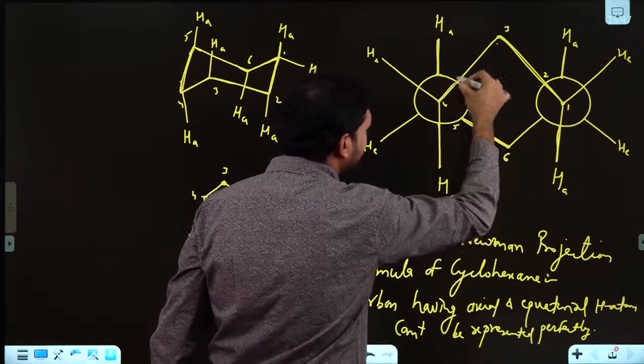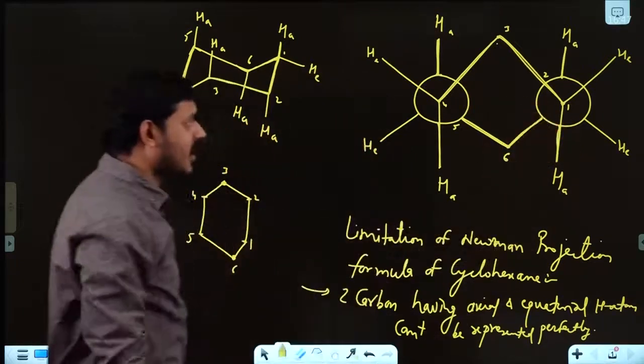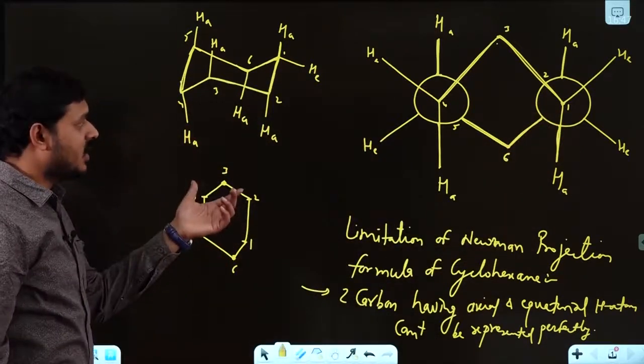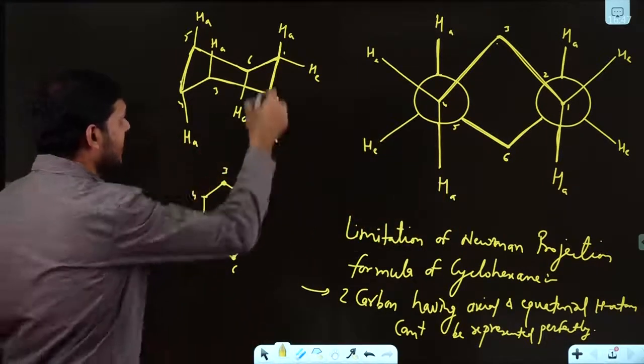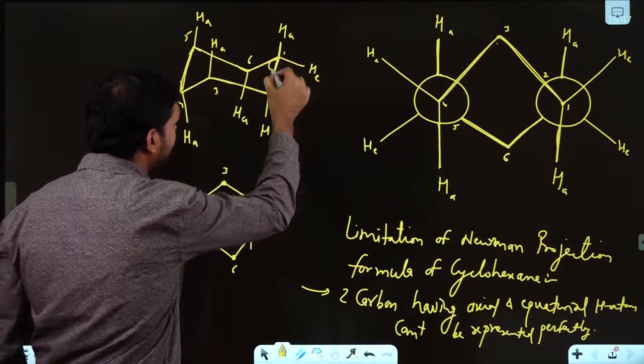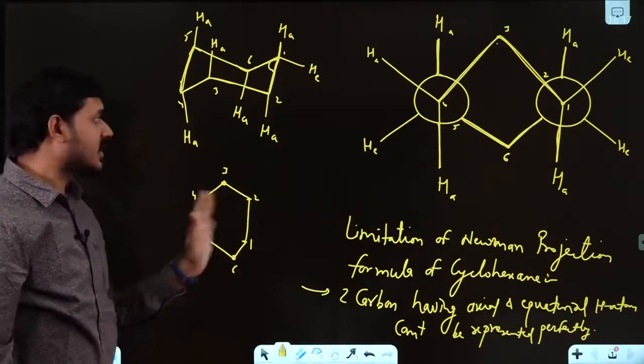If you see this bond and this bond, that is again parallel. If you observe it perfectly, this derives the chair conformer only, which has 109 degree 28 minute. Okay, I think everyone has understood this structure.